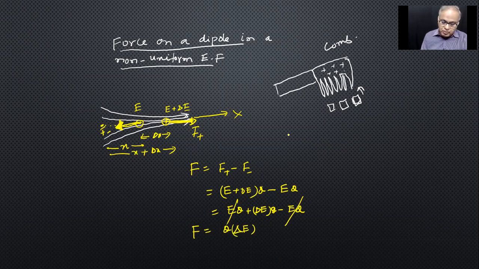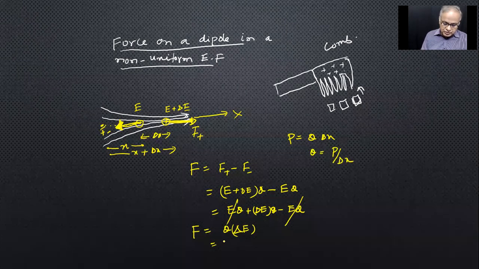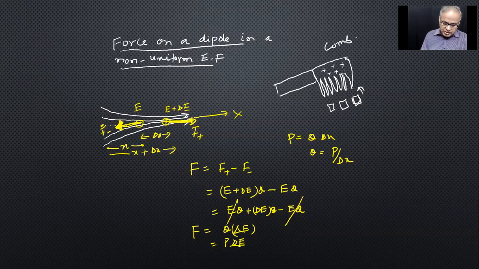But I know dipole moment P equals Q into delta X. Delta X is the length between the charges. So what will be Q now? If I substitute, what would I get? P into delta E by delta X. So when delta X is tending to 0, I can write the force on the dipole in the X direction is P dE by dX.